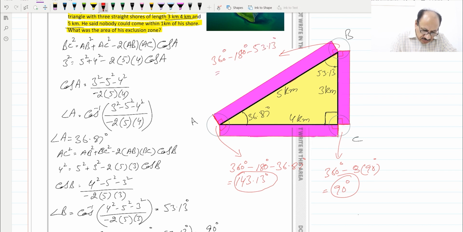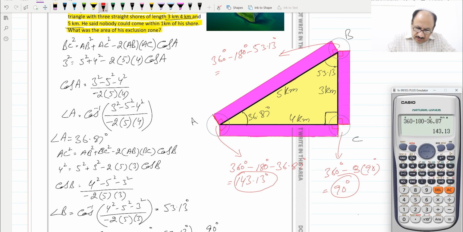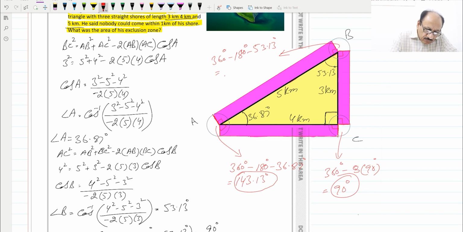These are the angles which we are finding for the sector. So 360 minus 180 minus 53.13, and it's not 55, it is 53 basically here. So it is 126.87 degrees. So this is the third angle. We found all the sector angles.